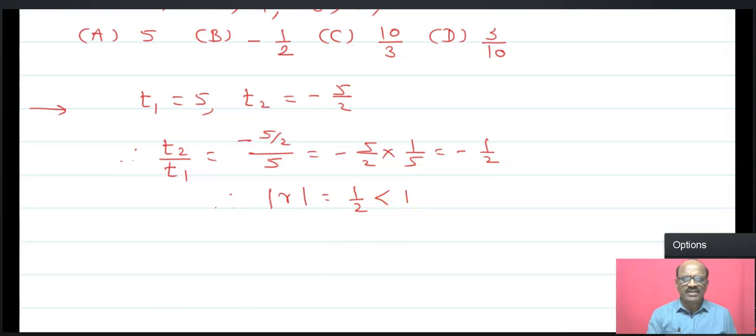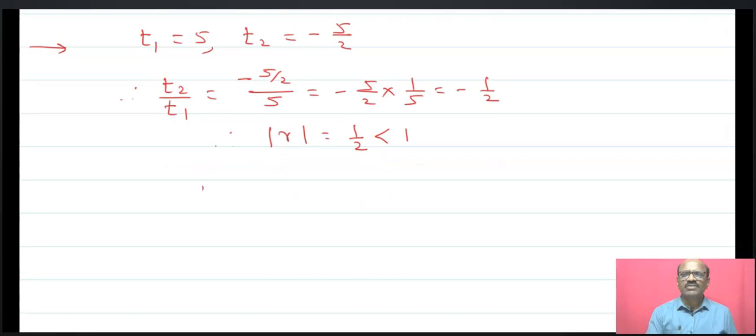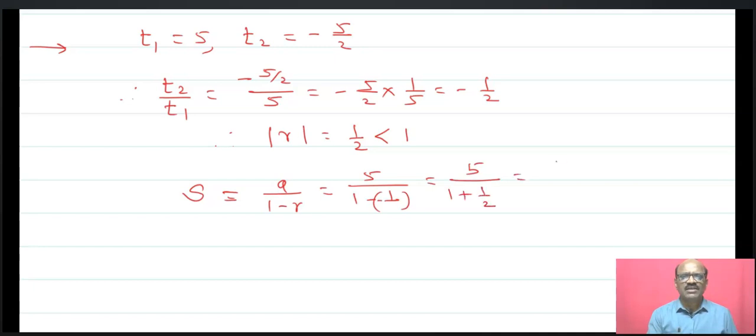Now we will find the sum to infinity by using the formula S is equal to a upon 1 minus r, that is 1 minus in bracket minus 1 upon 2. That's why this minus minus will become plus, that is 5 upon 1 plus 1 upon 2. Therefore you will get 5 upon 3 by 2.